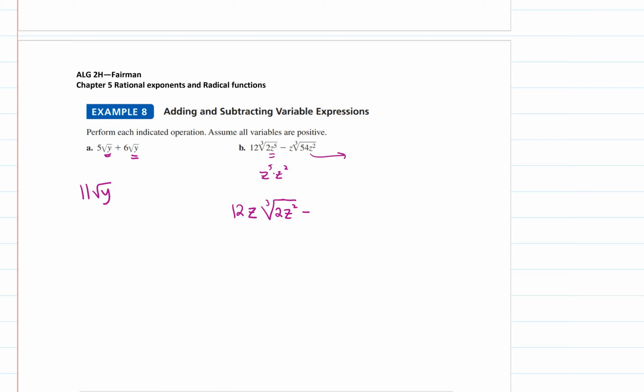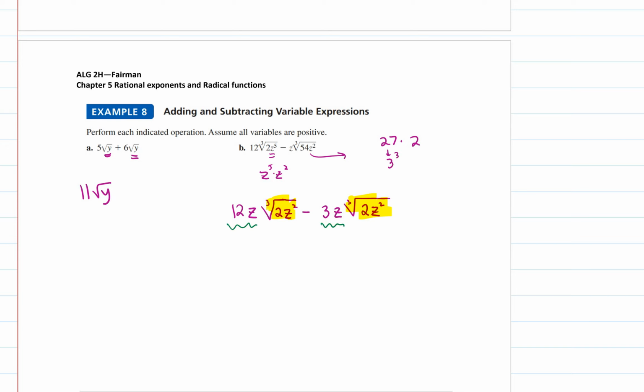With this one, remember 27 times 2, and 27 is 3 cubed. So on the outside, we're going to have a 3 times the z that's already there, a cube root, the 2 left over from the 54, and the z squared. So now I have like terms because I have cube root of 2z squared, cube root of 2z squared, and notice on the outside I have a 12z and a 3z.